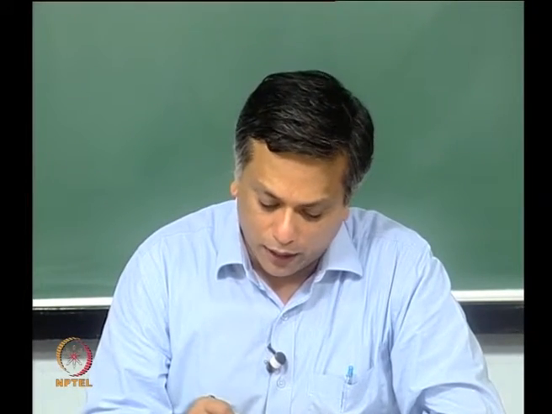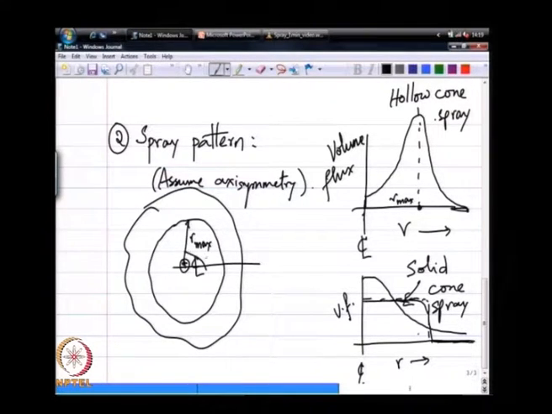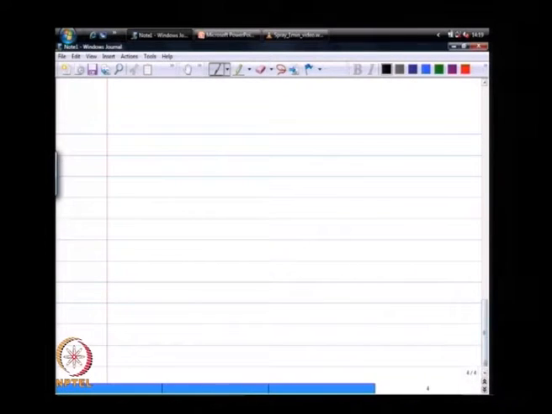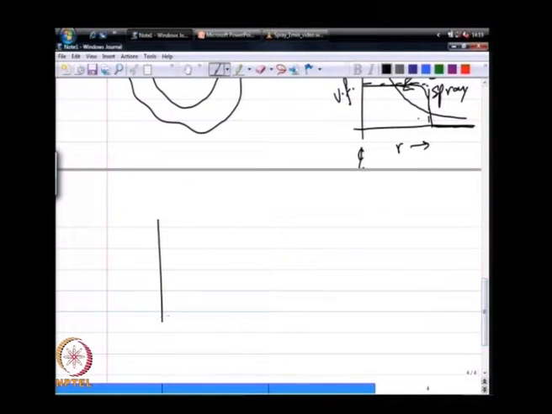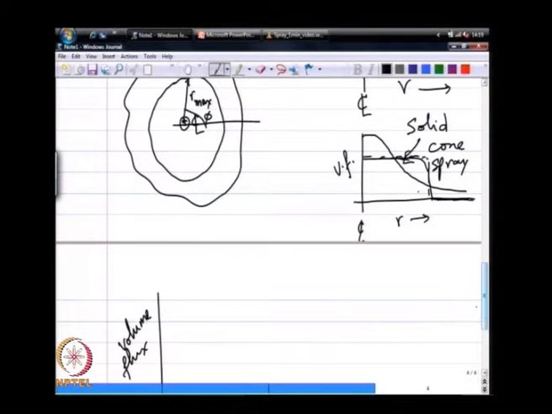The answer to that lies in taking one circle inside the spray. Typically, this could be the point where you have the maximum volume flux. And plotting the same volume flux as a function of phi, the azimuthal angle around the circle.